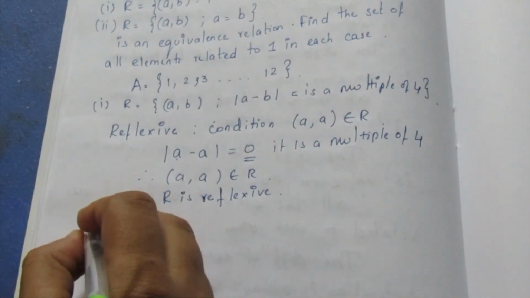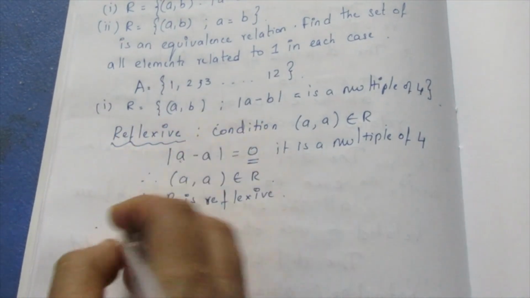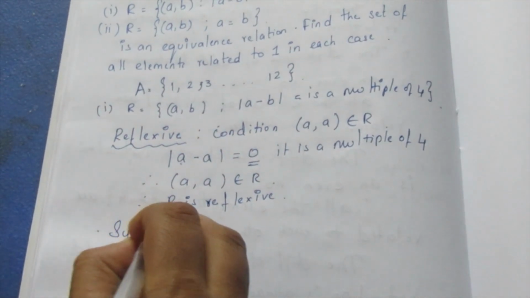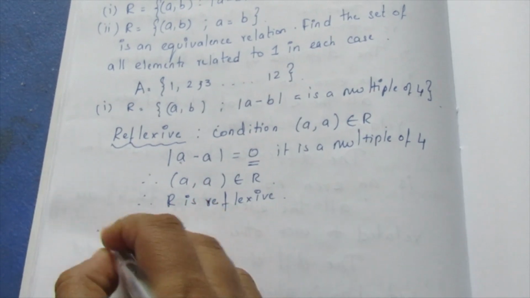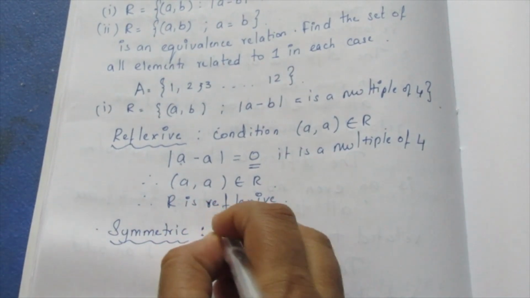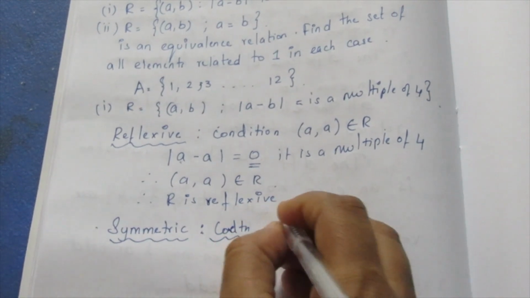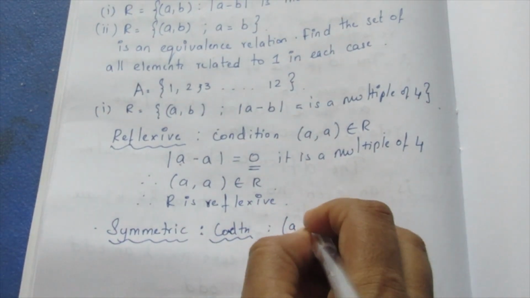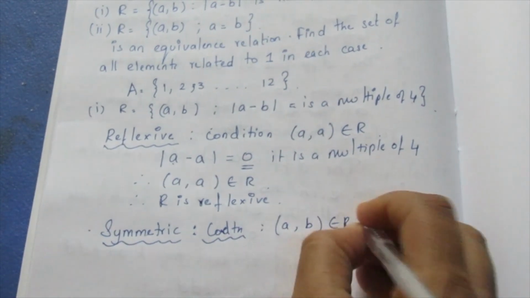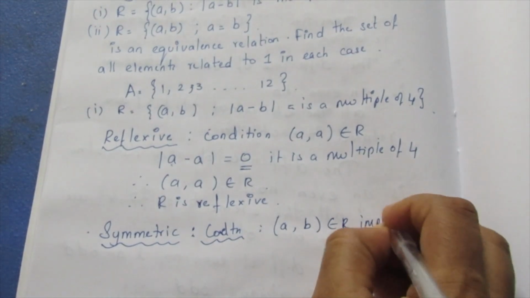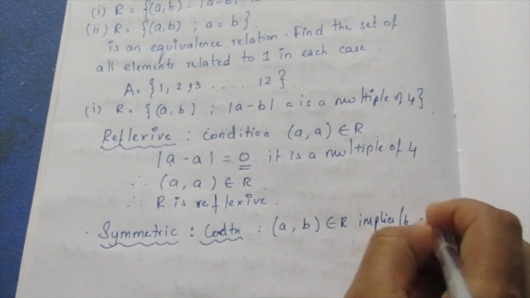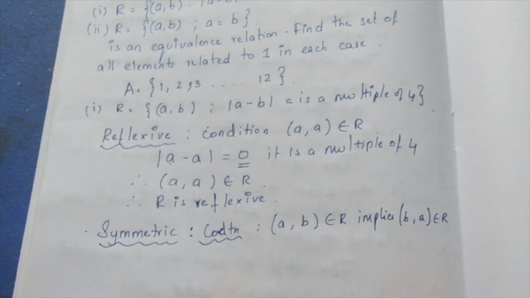Now let us prove symmetric. For symmetric, we know that the condition is, if (a, b) belongs to R implies (b, a) belongs to R. This is the condition for symmetric.